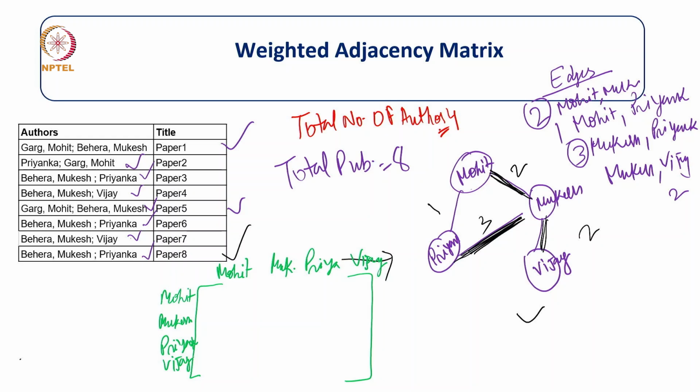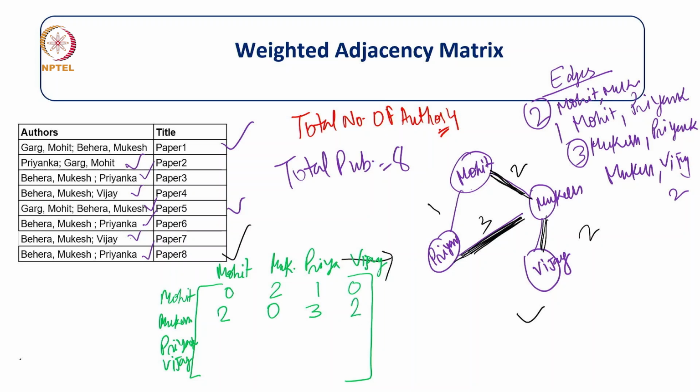From Mohit to Mohit, it will be 0. Mohit to Mukesh, we have 2. Earlier we had 1 only, but now because the weight is 2, 2 will come. Then Mohit to Priyanka, 1. Mohit to Vijay, 0. Then Mukesh to Mohit, 2. Mukesh to Mukesh, 0. Mukesh to Priyanka, 3. Mukesh to Vijay, 2.